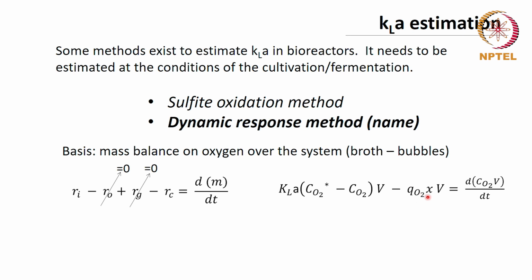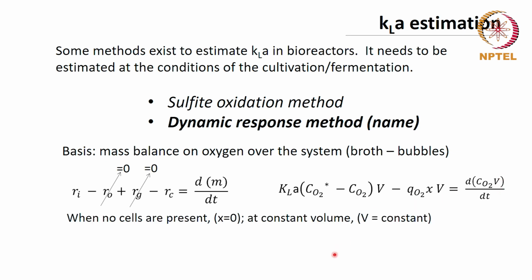Therefore, QO2, oxygen uptake rate, times the cell concentration times the volume, equals, of course, this is mass of oxygen. Mass of oxygen is concentration times volume in the system that we're looking at. Therefore, d/dt of mass of oxygen, which is CO2 times V. The volume happens to be a constant, and therefore that can be taken out of the derivative.